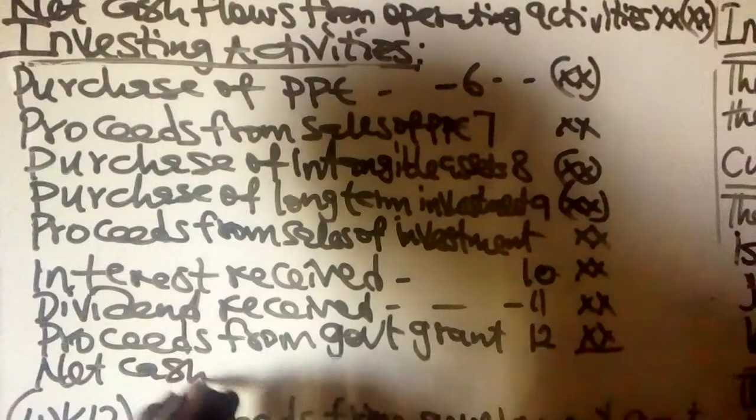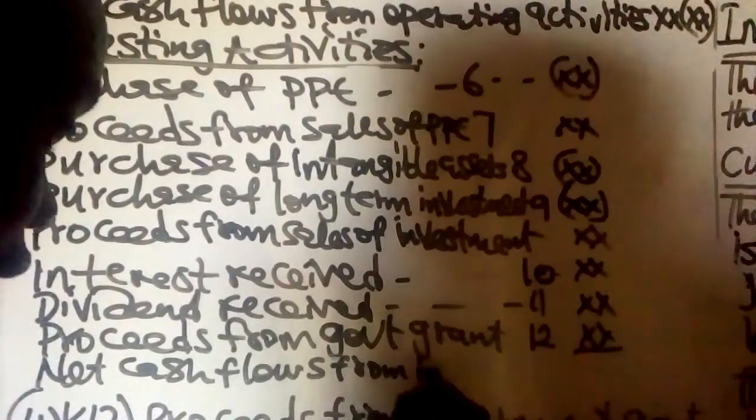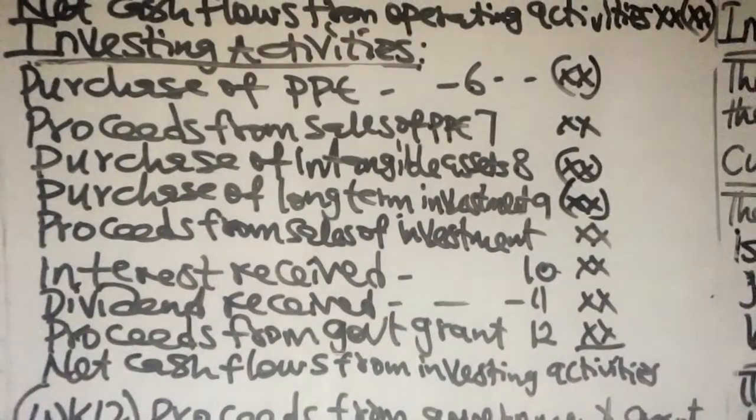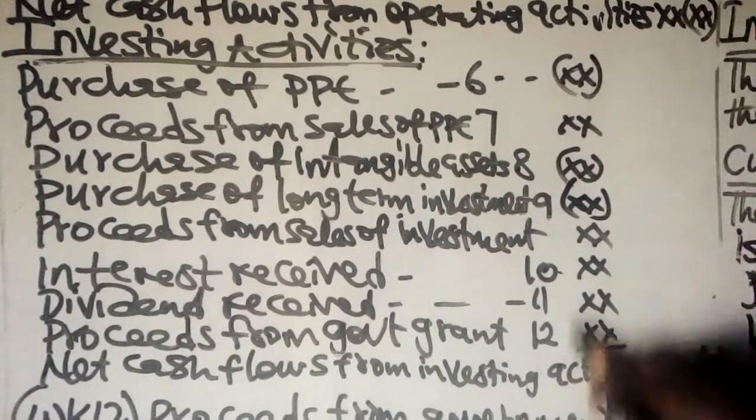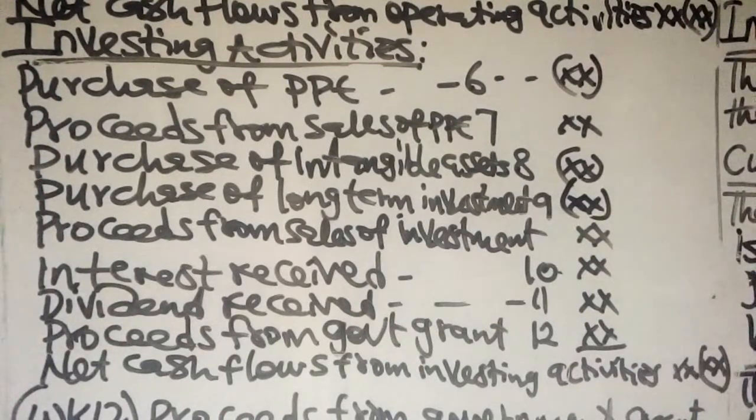It could be positive, it could be negative. It will be positive where the receipts exceed payments, and where the payments exceed receipts, it will be negative. That is net cash flows from investing activities.